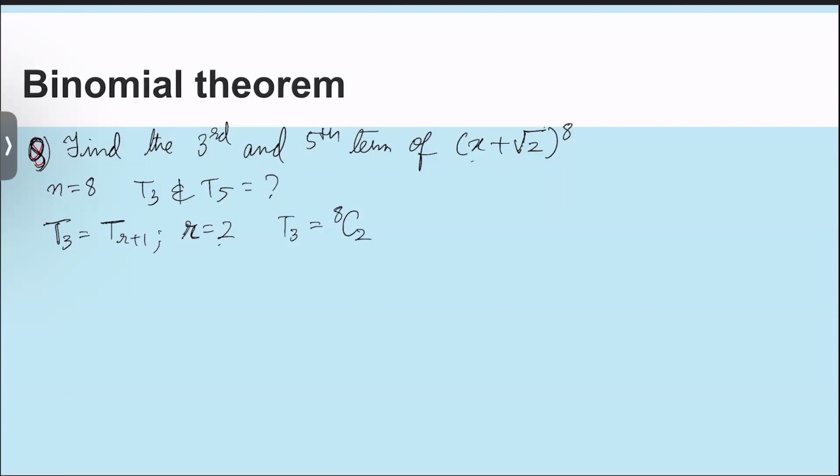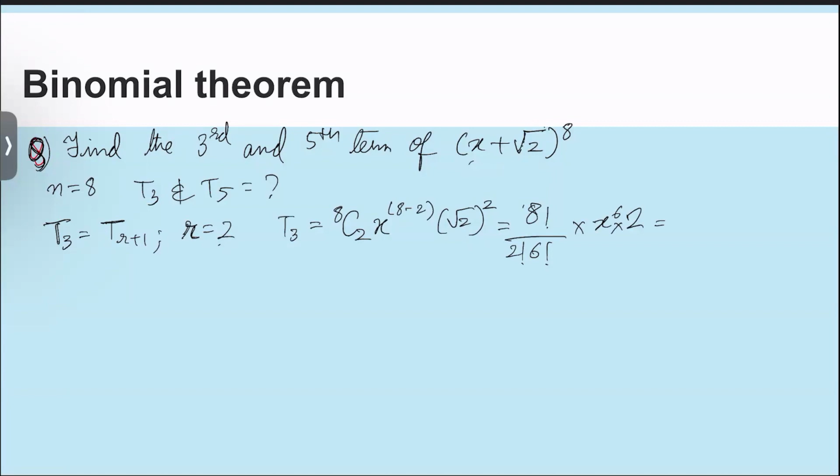Then a raised to n minus r, so 8 minus 2, and b. In place of a we'll write x, and b is root 2, raised to r, which is 2. So you will get 8 factorial upon 2 factorial and 6 factorial, multiplied by x raised to 6 and root 2 squared, which is 2.